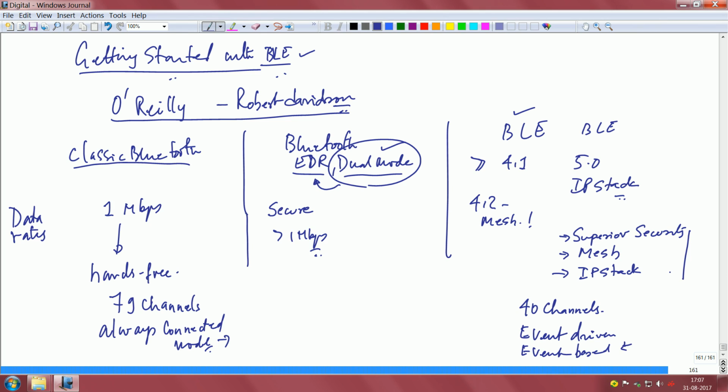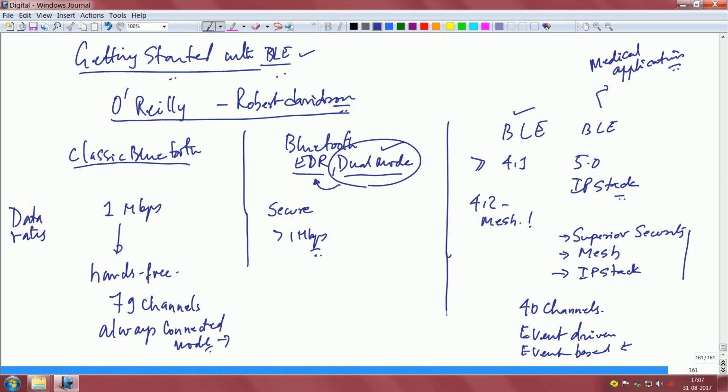Applications have changed. For BLE, people talk about medical applications, many new things happening in the world of BLE medical applications, whereas classic Bluetooth, as I mentioned, was for several hands free applications and other audio. So there were different types of profiles. Really the structure of the systems was different.